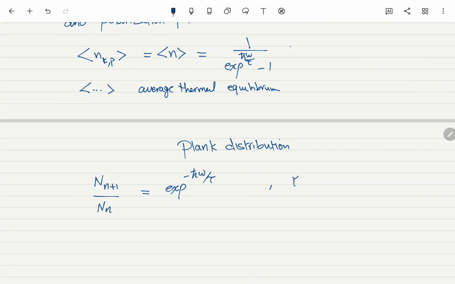Here tau is kB T, where kB again is the Boltzmann constant and T is the temperature.